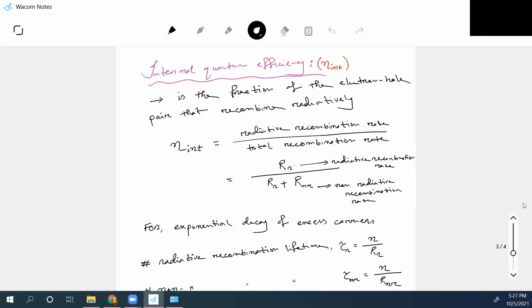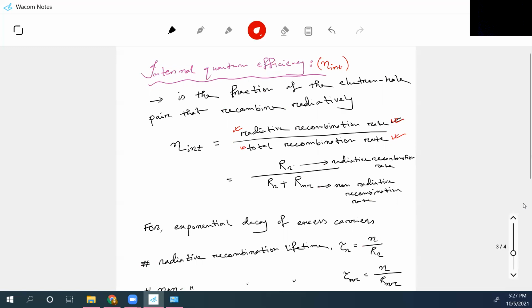The radiative recombination rate compared to the total recombination rate is called the efficiency. That makes sense: radiative is partial and total is the total, and partial to total always gives us an efficiency.